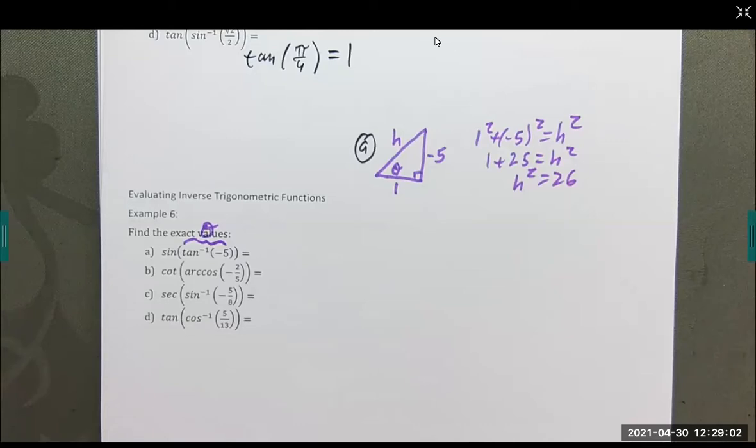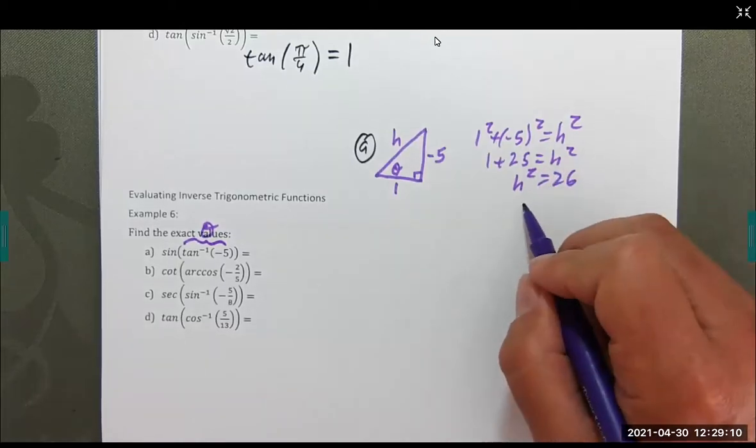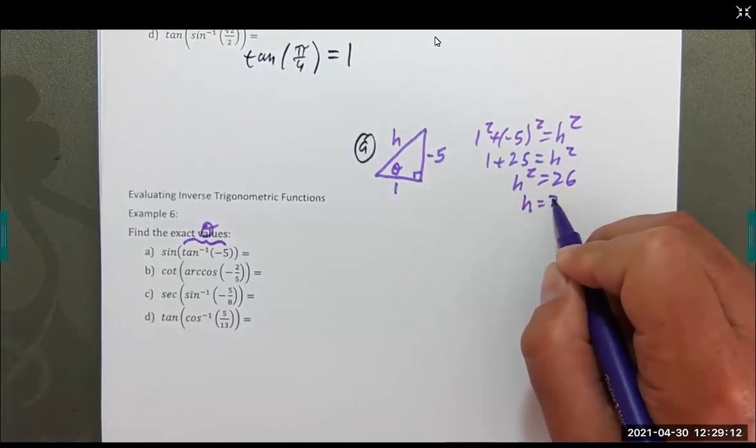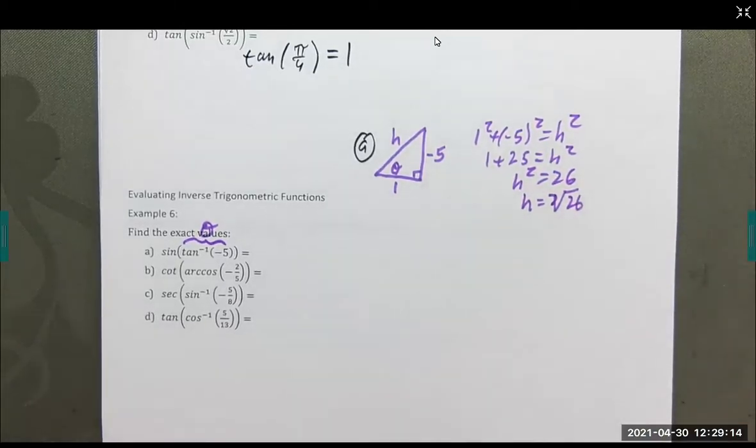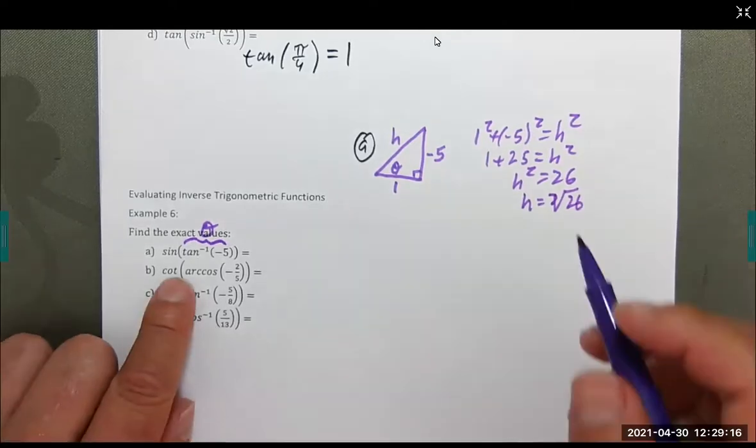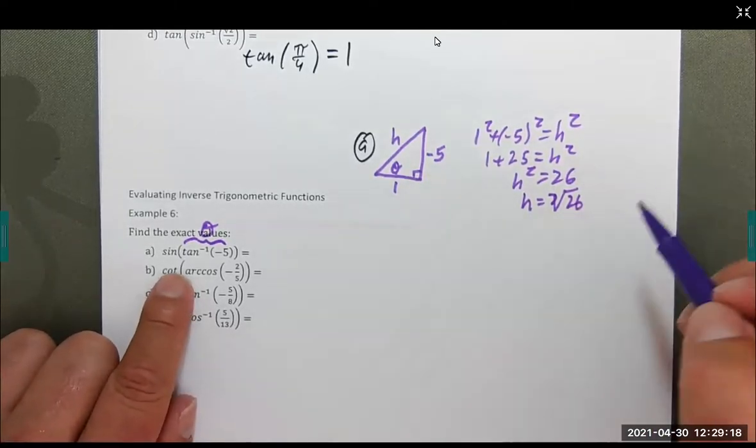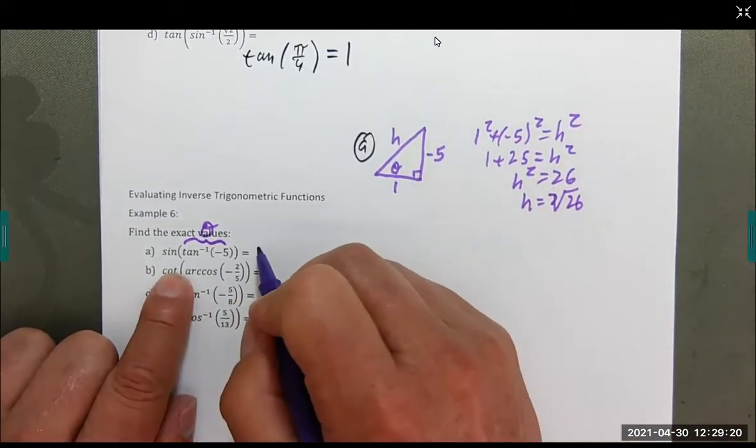We know it's positive because hypotenuse is always positive. So h equals square root of 26. So the sine of this angle is going to be negative 5 over root 26.